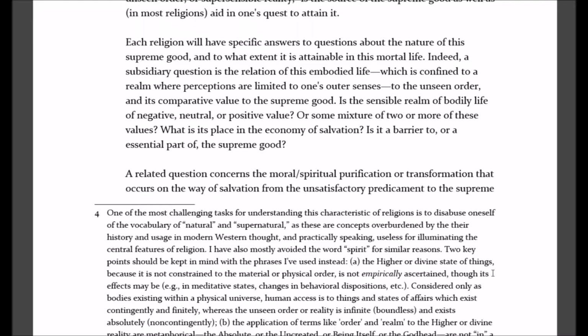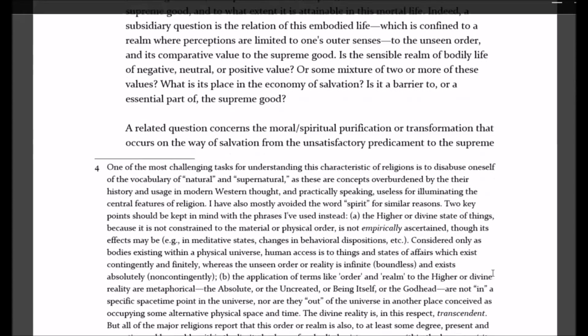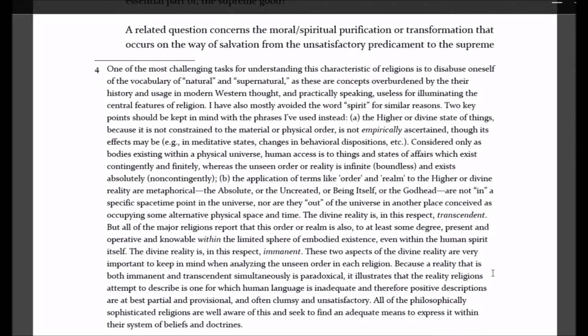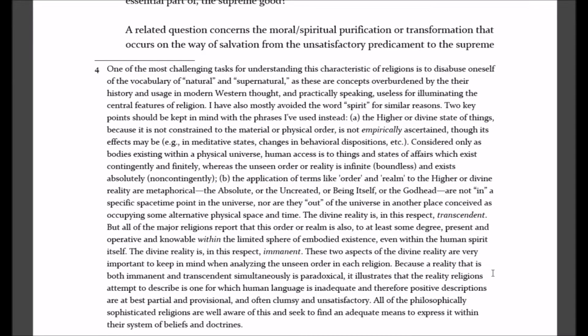Okay, so let's see what to say here. A really important footnote here is where I talk about what this phrase "unseen order" means. An order is like a realm or a world, for that matter, but it suggests an organization, a structure.